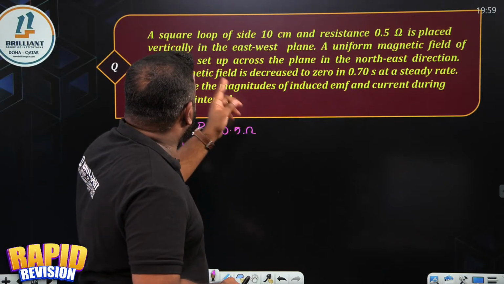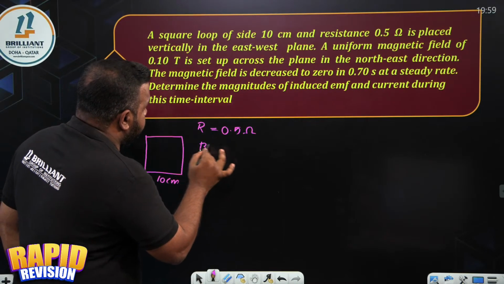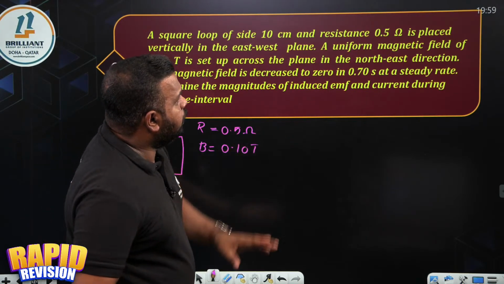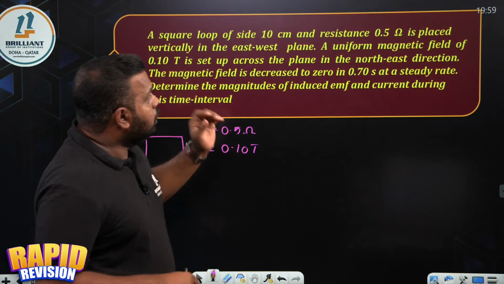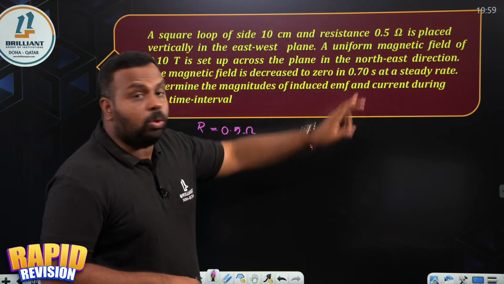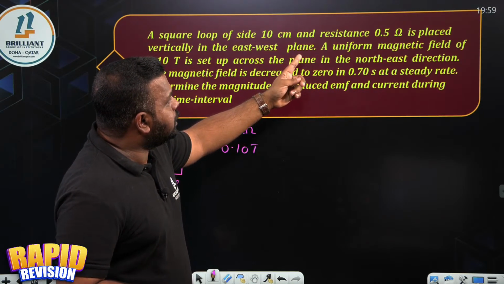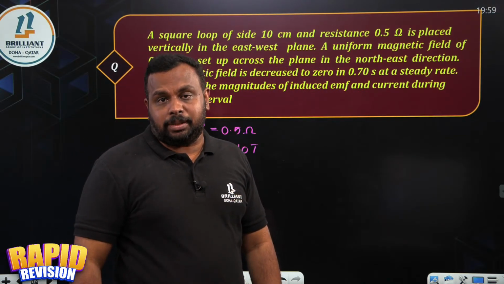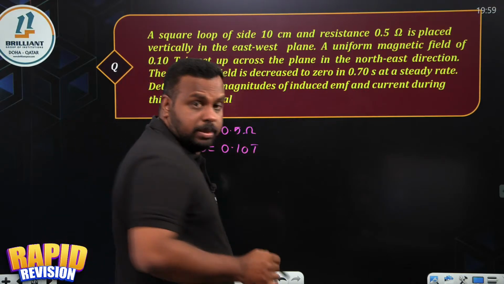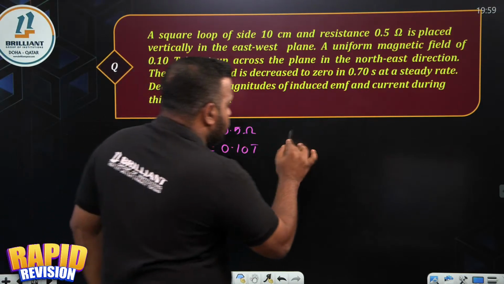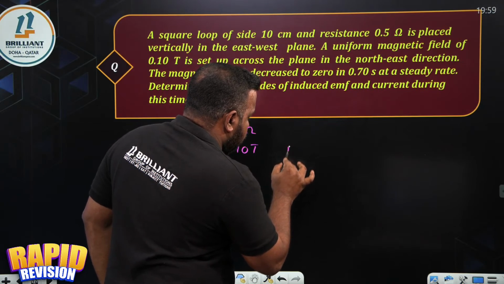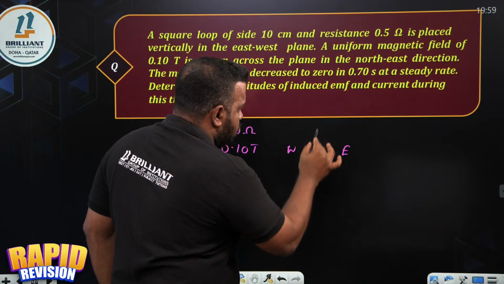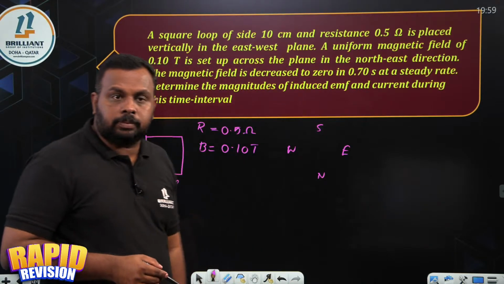A uniform magnetic field, the magnetic field value is given, 0.10 Tesla, is set up across the plane in the northeast direction. Remember, the plane is in east-west, and it is a bit confusing, so I'm just marking the directions here: west, east, north, south.